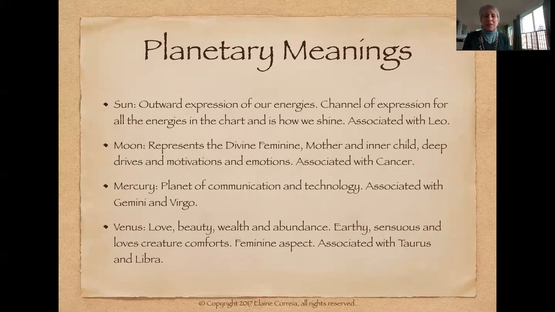She is the feminine aspect, and she's associated with Taurus and Libra. Taurus is more of the very sensuous, earthy sort of energy, and Libra is more of the balanced, goddess type energy, finding the peace and the love and the balance through balance.